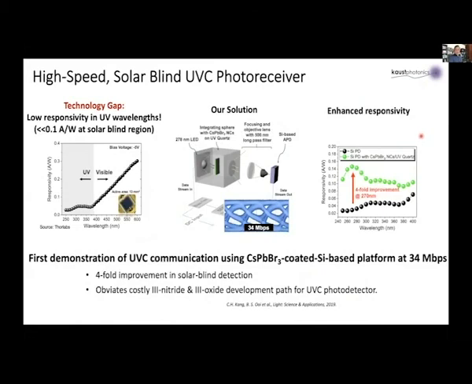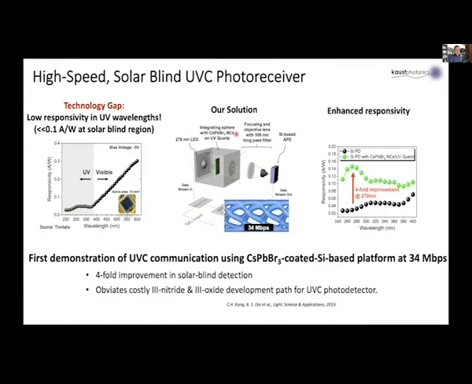This is not directly relevant, but we have a huge interest in working on high-speed solar-blind optical wireless communications. And when you look around for a high-speed photodetector in the UVC regime, it's quite difficult to find a very good one. For most silicon APDs, for example, the responsivity becomes extremely low, lower than say 0.1 amp per watt or so.